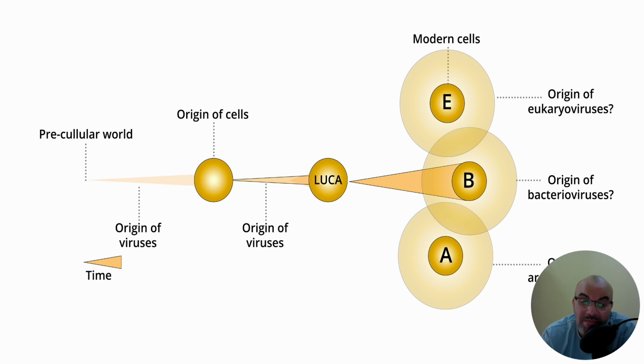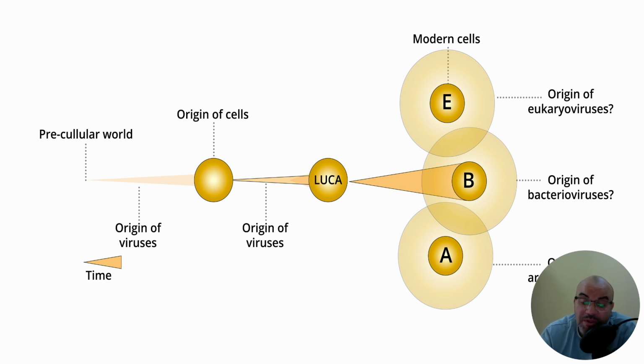However, over time, evolution and natural selection happened, and these cellular organisms lost their ability to live alone and became totally dependent on this kind of cell, eventually evolving into simple virus-like entities.